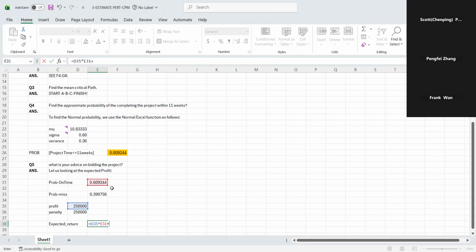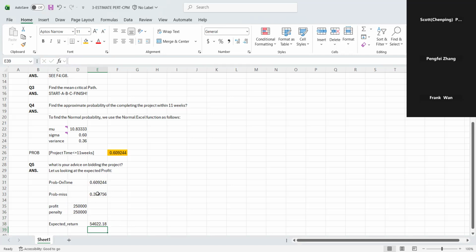But if the schedule is missed, I should put a minus, I can put a minus here, times the probability of missing.